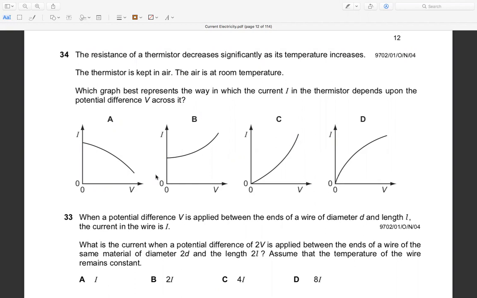I will be near a stable constant, but when the temperature increases, the resistance decreases. So it means V over R. It's C. The answer is C.